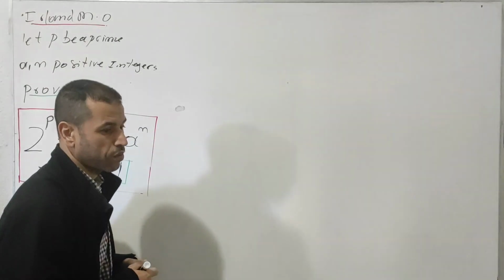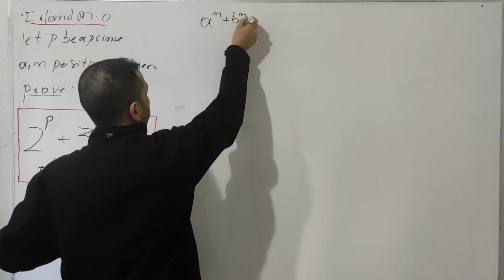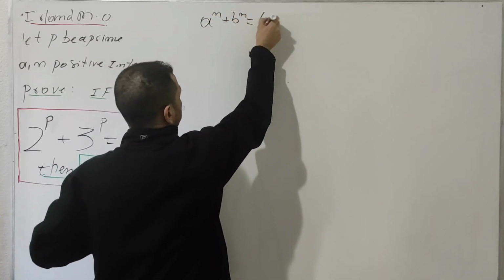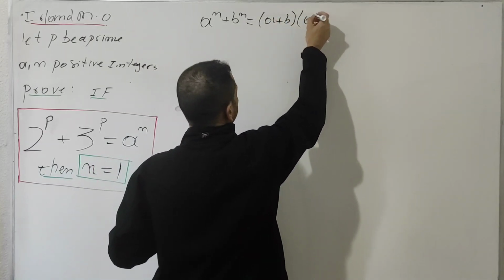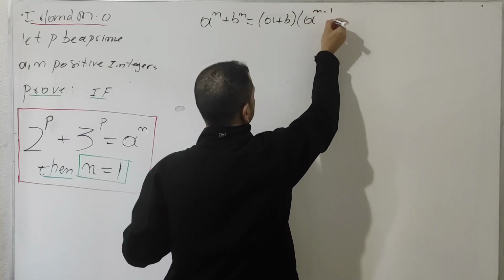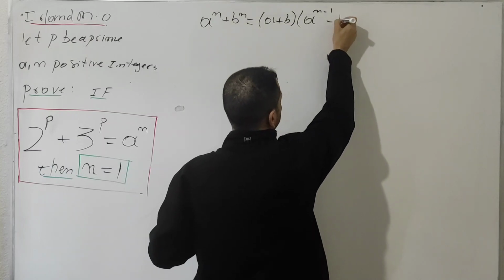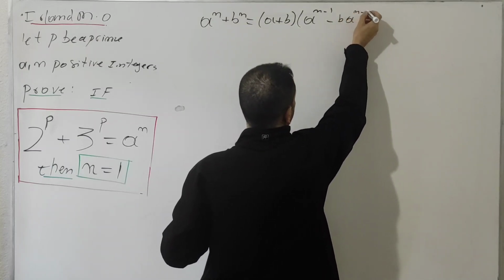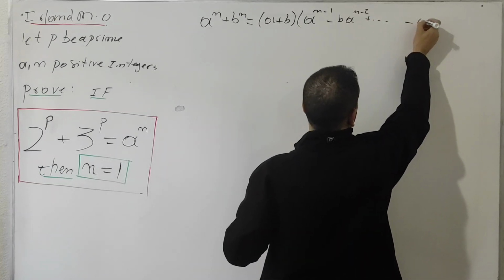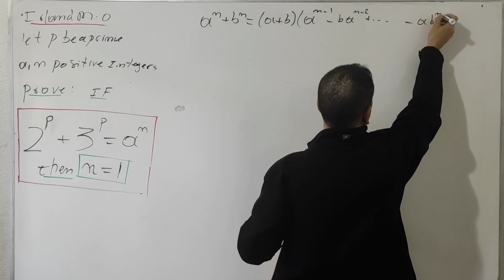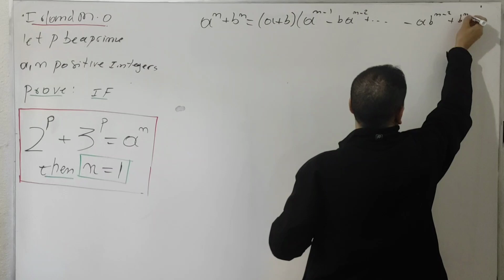So I'm going to remind you about the binomial expression. We have a to the n plus b to the n equals a plus b, multiplied by a to the n minus 1, minus the second term, which has a minus sign, b multiplied by a to the n minus 2, and all the way down to minus a multiplied by b to the n minus 2, plus the last term, which is b to the n minus 1.